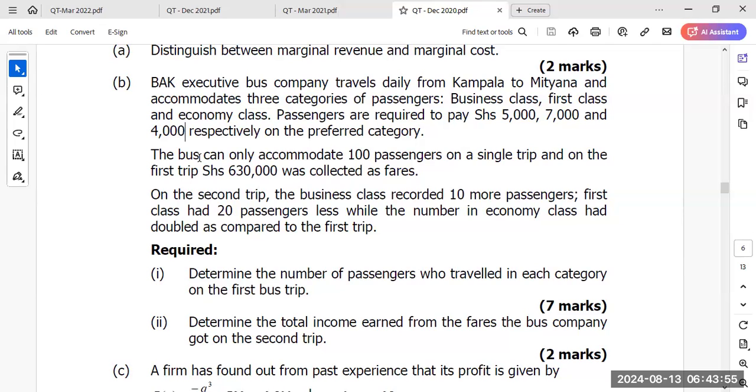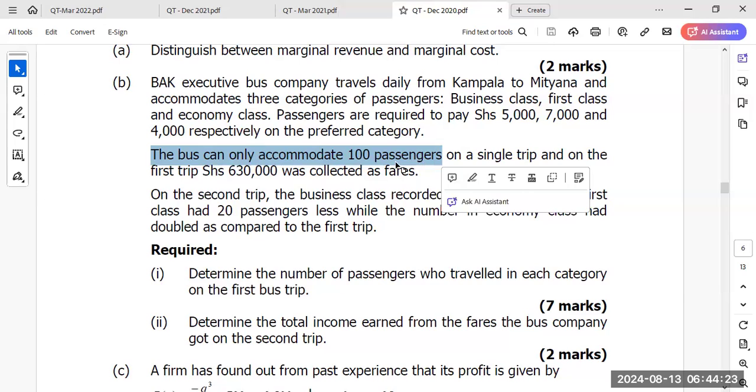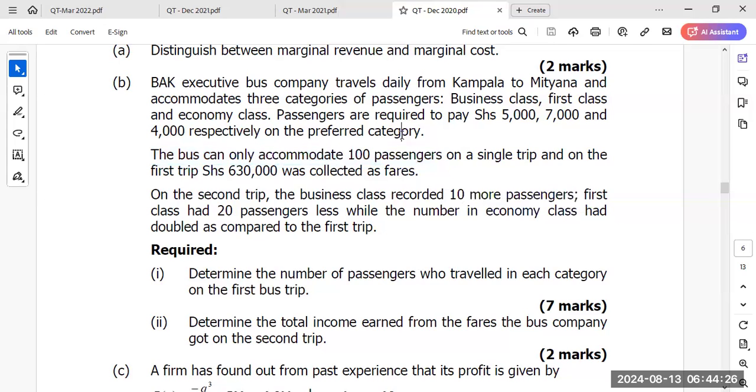So if you sum up business class, first class, and economy class, the total passengers should not exceed this. So ideally, when you're interpreting this, here you have the equation. Recall those words I used to tell you: every time you see something like 'only accommodate', you need to know that it is the equation.